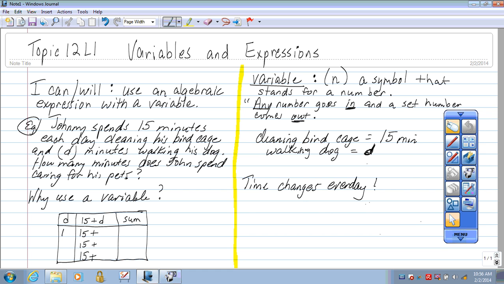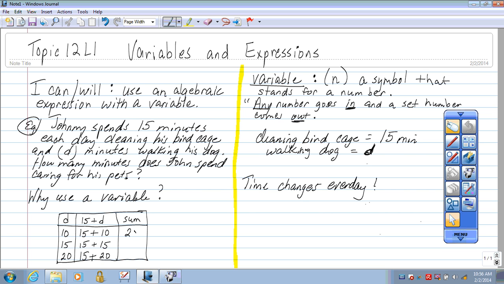So let's say on the first day he walked his dog 10 minutes. The next day he walked his dog 15 minutes. The following day he walked his dog 20 minutes. Each one of these are going to be 15 plus 10, 15 plus 15, 15 plus 20.